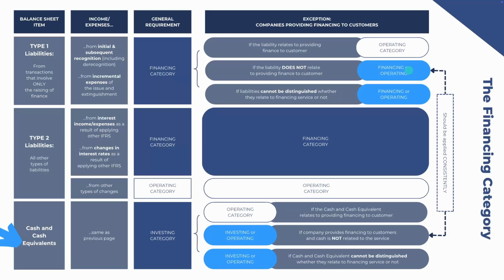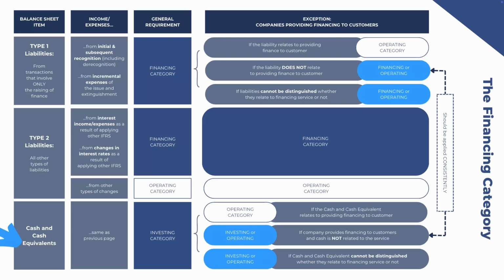And there is also another special thing to remember. Just to have a recap, if you fall under the exception of a type 1 liability and you have other liabilities that do not relate to providing financing to customers, because you have to separate them.